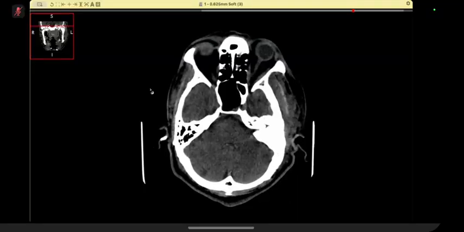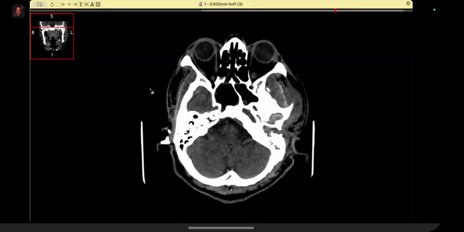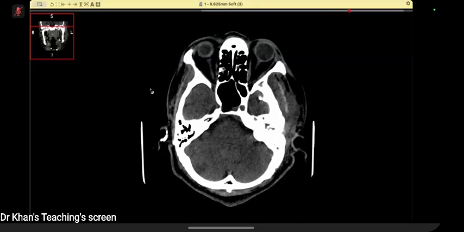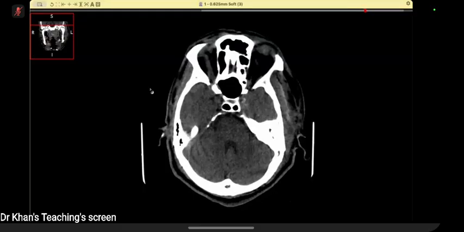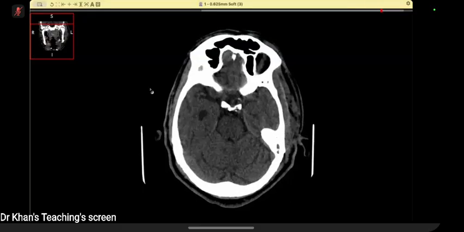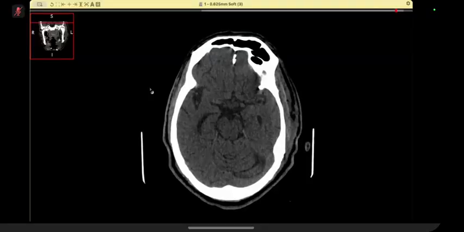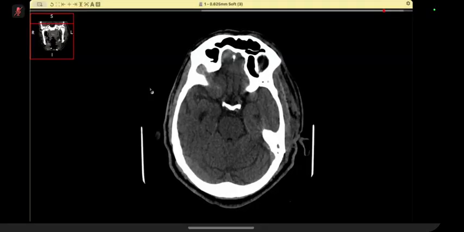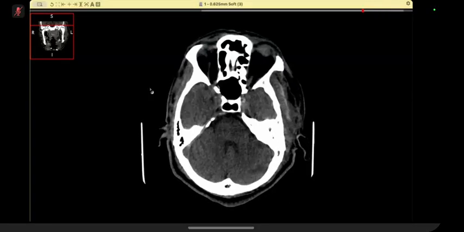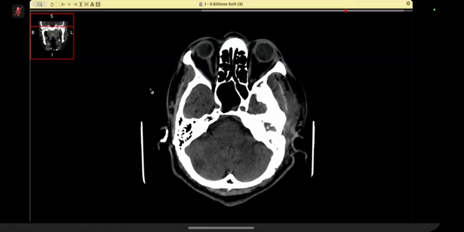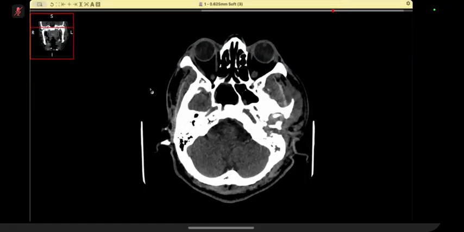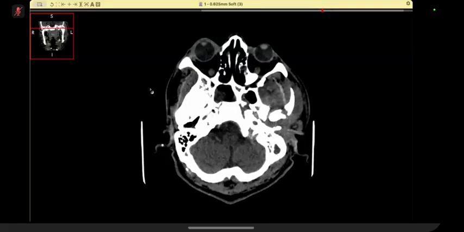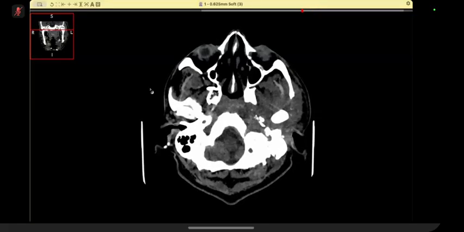There are also a few locules of gas, and this is extending up to the left temporal subcutaneous tissue and soft tissue area.